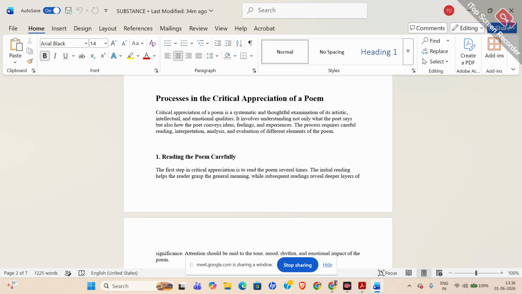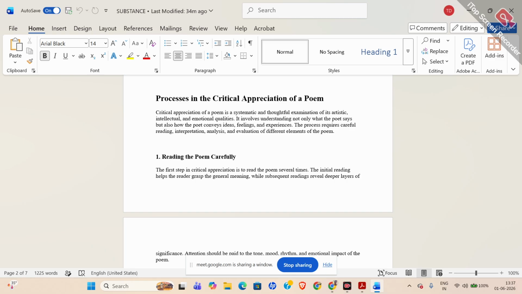So what artistic qualities are there, intellectual qualities are there, emotional qualities are there in the poem? You are explaining that to the readers. It involves understanding not only what the poet says, but also how the poet conveys ideas, feelings, and experiences.